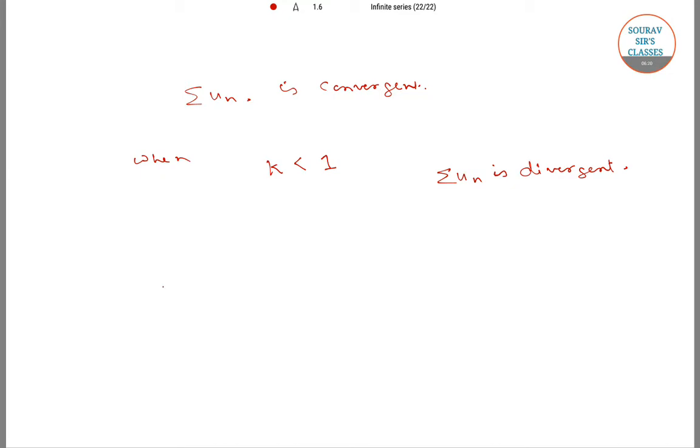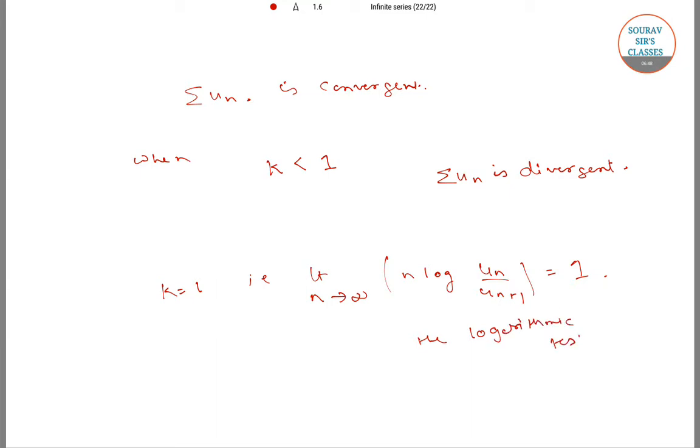Note that when k is equal to 1, that is limit n tends to infinity n log un by un plus 1 is equal to 1, then the logarithmic test fails.